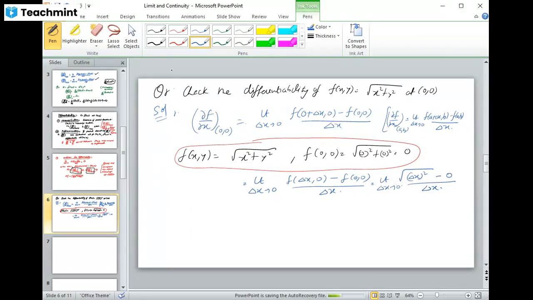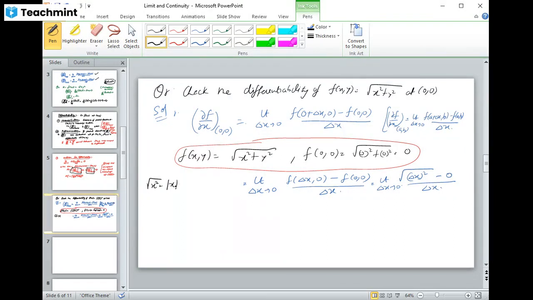Now, one important result we are using here is that the square root of a number is always positive. When delta x tends to 0, delta x may tend to 0 from the positive side or from the negative side. So what is the square root of x square?